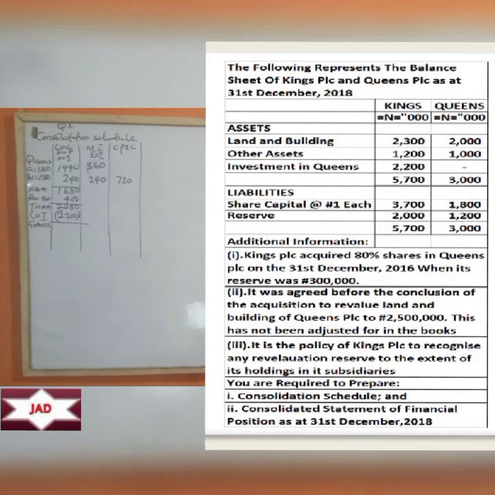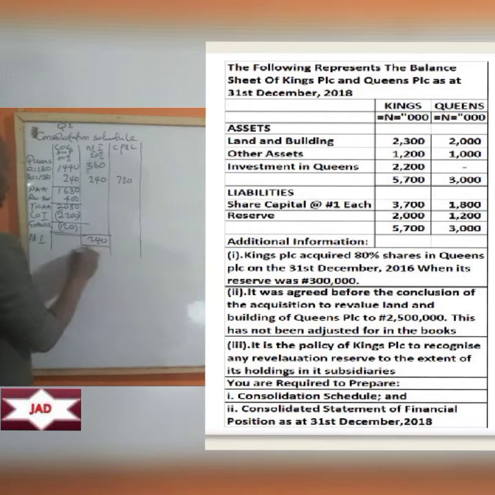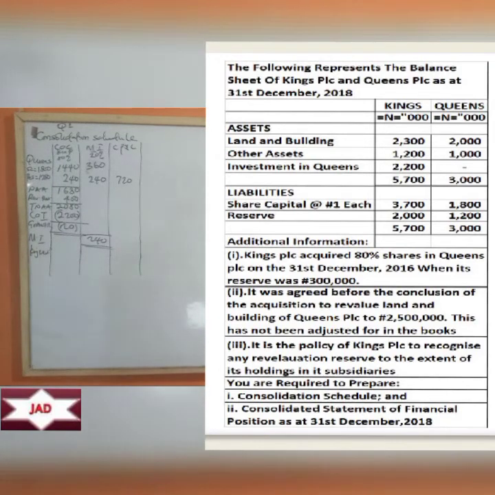That's 120. Your goodwill is 120. So what's minority interest? According to the question, that will be 240. Okay? Then King's reserve. According to the question, what's King's reserve? 2,000. So we bring 2,000 here. So your CP and L will be 2,720. So this is the schedule.